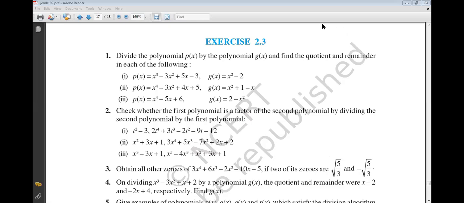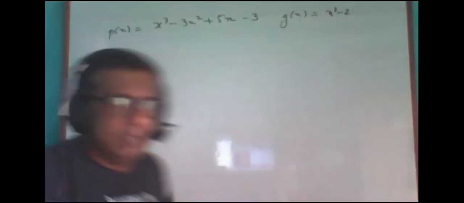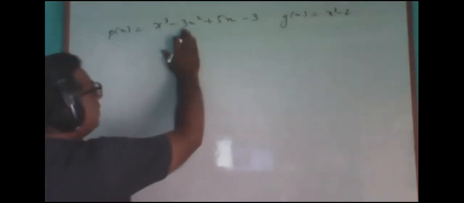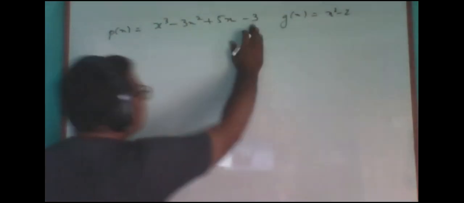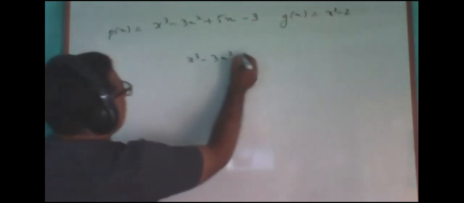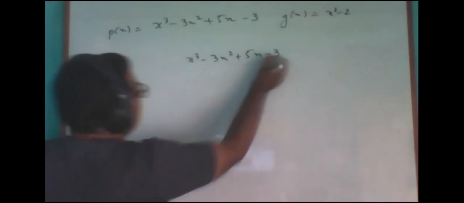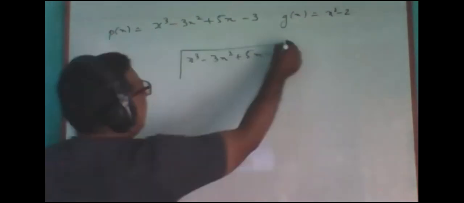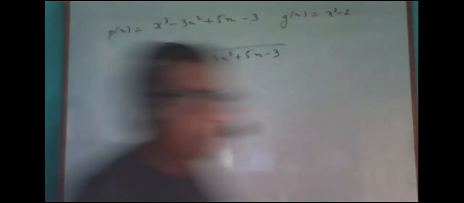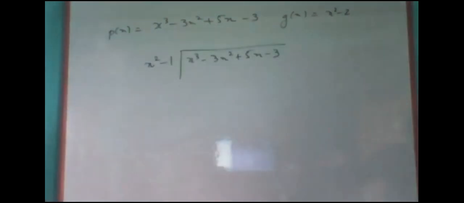So have a look on the board: the polynomial p(x) is x cube minus 3x square plus 5x minus 3, and it has to be divided by x square minus 2.